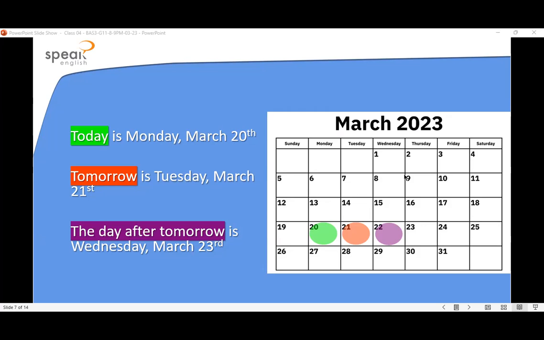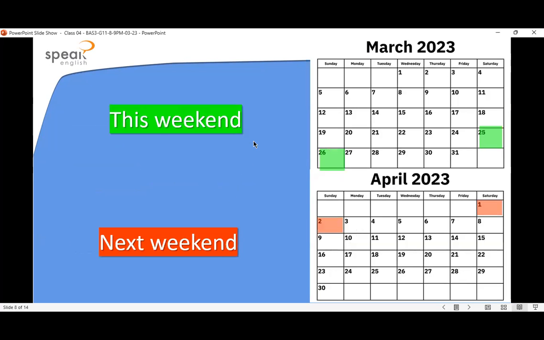Then we have also this weekend. Normally the weekend is when we talk about Saturday and Sunday. Okay, so if you talk about those days, you are talking about weekends. Now, for example, this weekend is Saturday 25th and Sunday 26th.